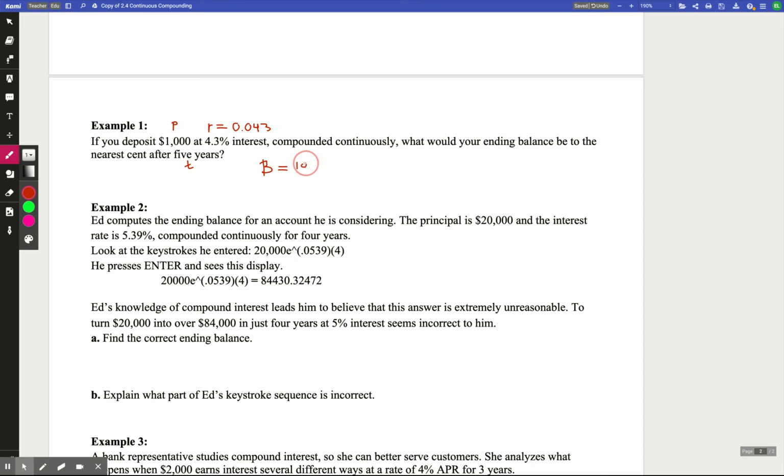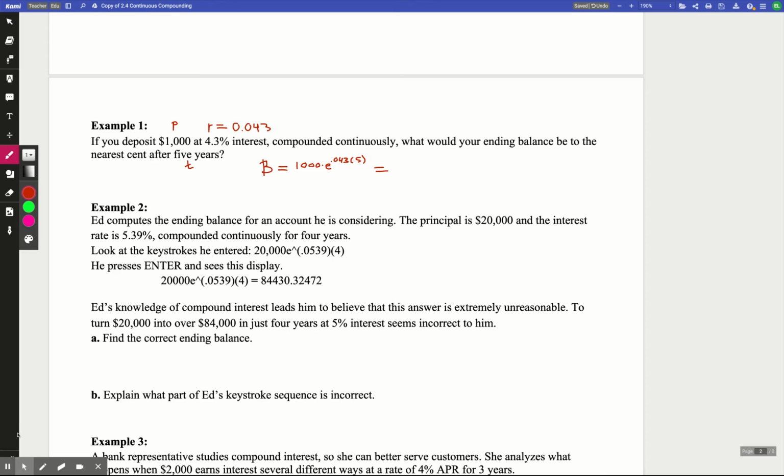So we take 1,000 times the natural number E raised to the 0.043 times 5. If you have a scientific calculator, go ahead and try typing that in, because there is a very specific way you will need to type that.